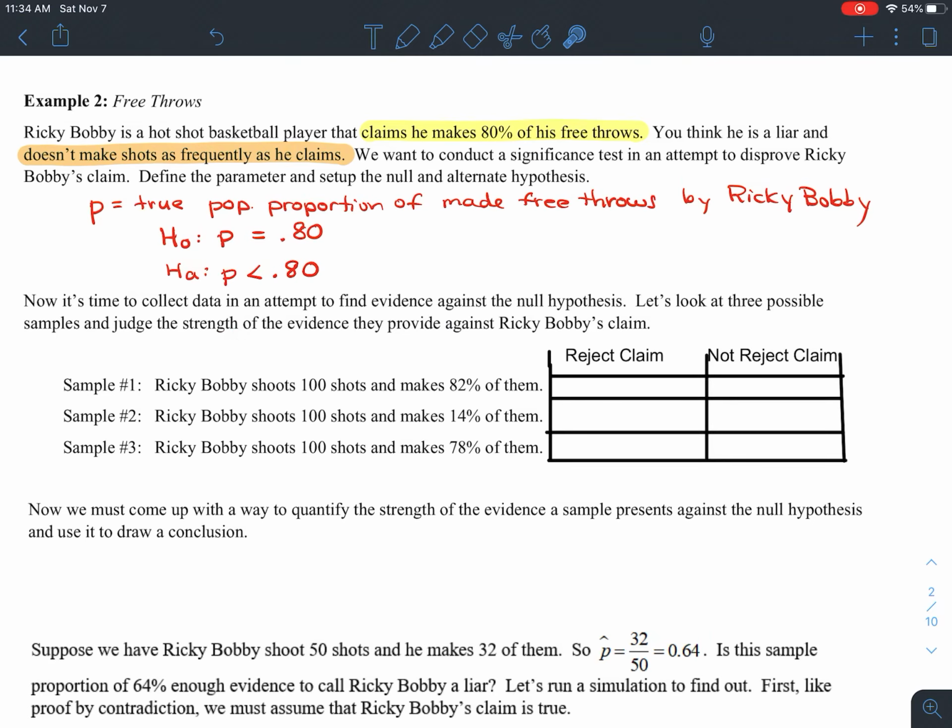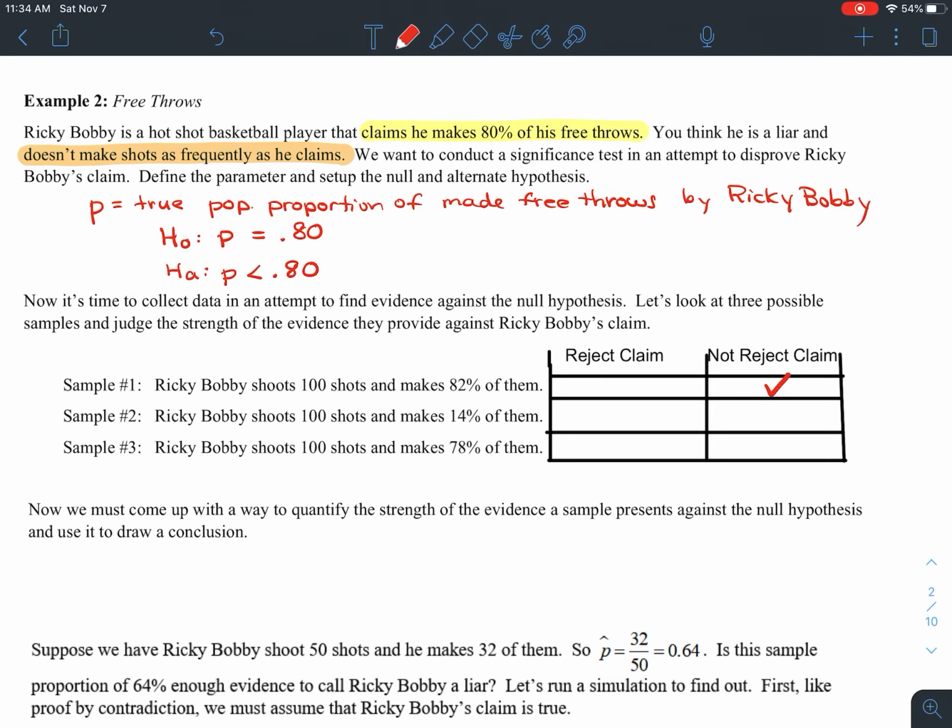In sample 1, Ricky Bobby shoots 100 free throws, and he makes 82% of them. It feels like maybe we wouldn't reject his claim. Maybe Ricky Bobby actually is an 80% free throw shooter.